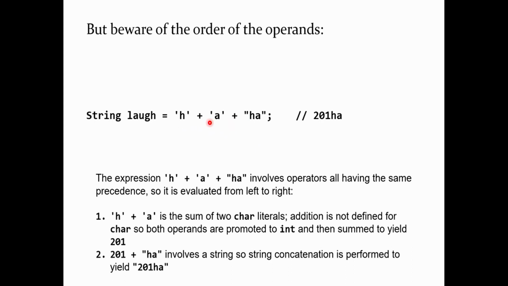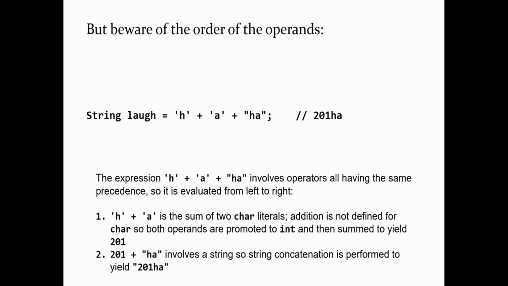So that's char plus a char, which gets evaluated as an int. Whatever the integer value of H is and whatever the integer value of A is, those get summed together. Apparently they sum to 201. That's now an int plus a string. So Java says, oh, okay, I know how to do that. That's concatenation. So it takes the 201 and joins that with HA. So it goes left to right.